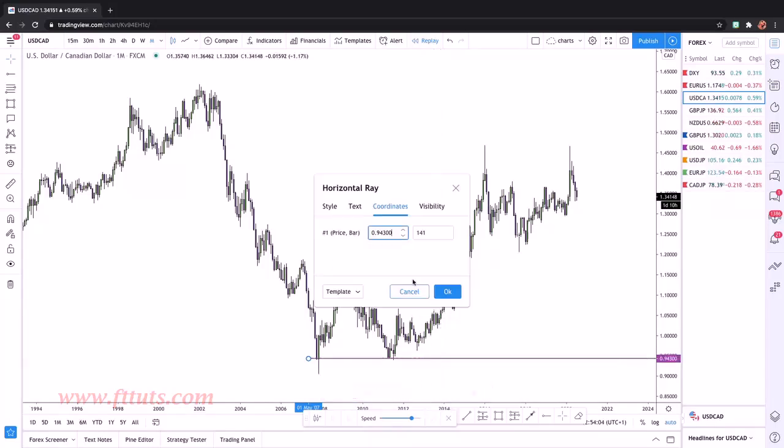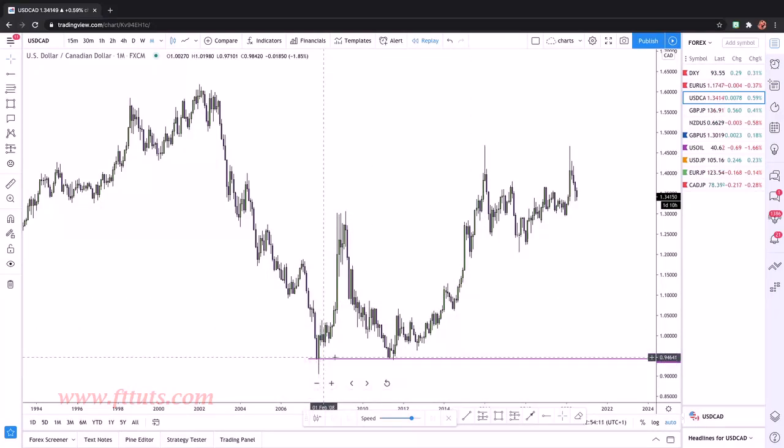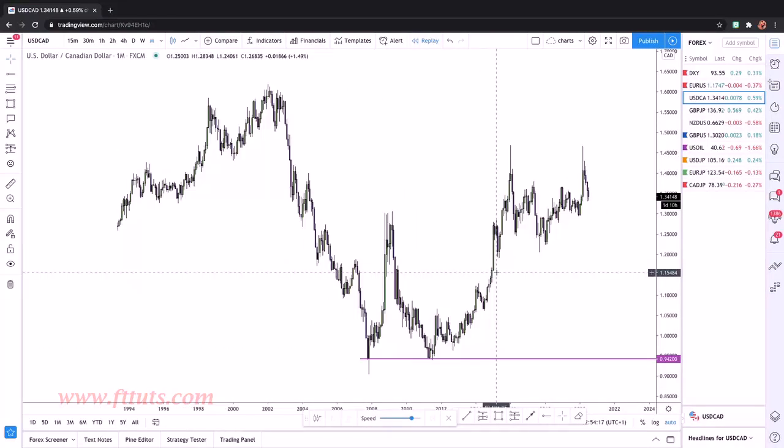That's cutting the candles, so we're going to go to 200. Perfect. Okay, so around 294 for this one. And then we have major rejection in here as well.